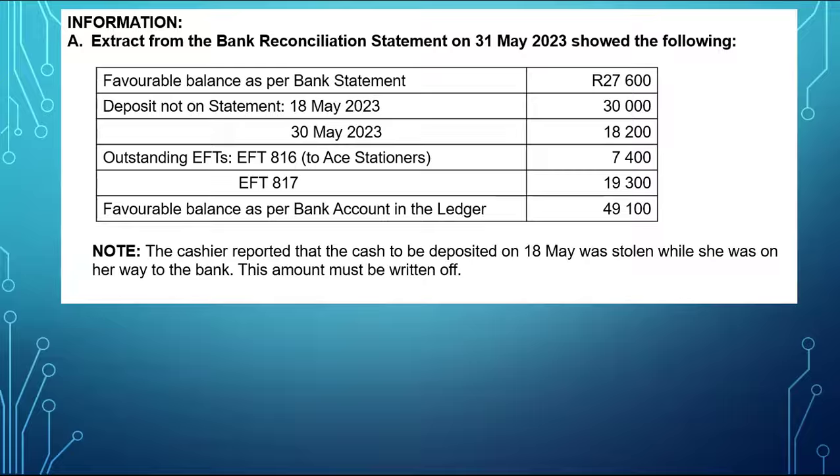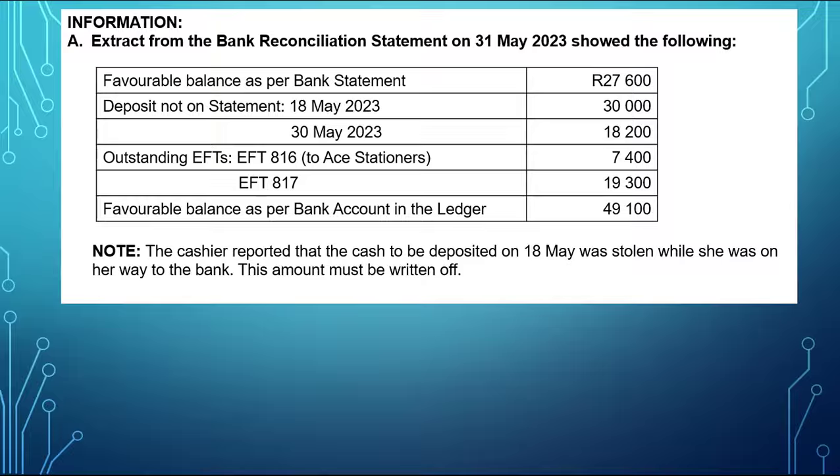Remember, to us, the bank is an asset, but to the bank, we are a liability. So when we debit our bank account, they credit us. So when we make a deposit into our bank account, we debit it, the bank credits it. Any money that comes into our account, the bank credits it, and we debit it.